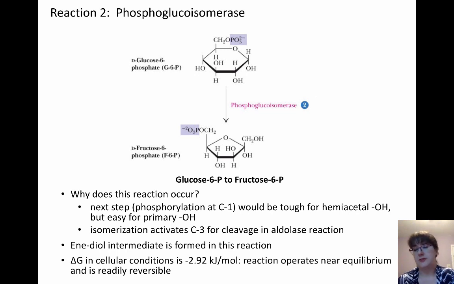So phosphoglucoisomerase, if there's a lot of glucose 6-phosphate, it'll go ahead and move forward into fructose 6-phosphate without a problem. But if that fructose 6-phosphate backs up and you have a lot of fructose 6-phosphate present, it has no problem going back the other direction to glucose 6-phosphate.